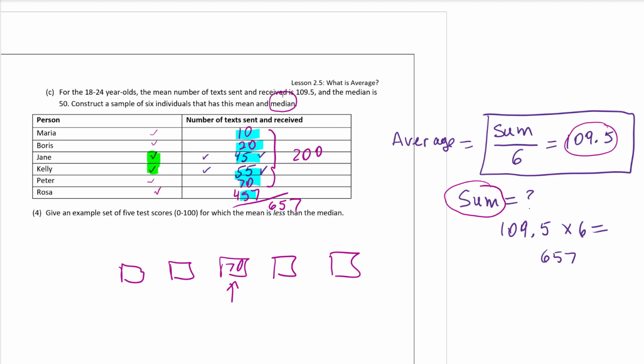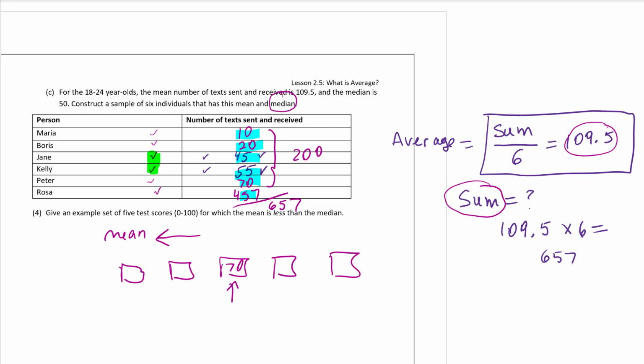All right, so we want the average to be less than the median. Okay, that means that the mean is going to pull the center away from 70. So that means we want to get some scores that are significantly lower than the median to make the average go down.